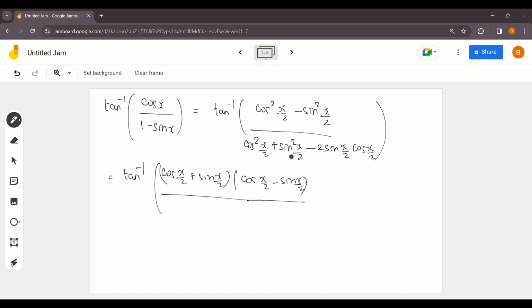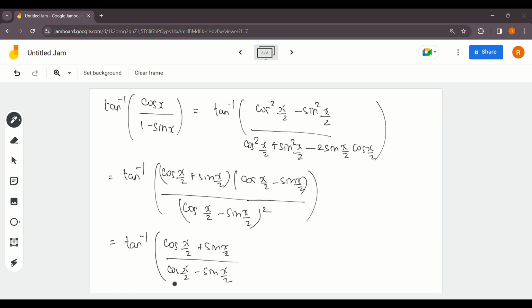Now in the denominator, it is of the form a square plus b square minus 2ab, which is nothing but a minus b whole square. So cos x by 2 minus sin x by 2, the whole square. Now one cos x by 2 minus sin x by 2 terms will get cancelled. So you get tan inverse of cos x by 2 plus sin x by 2 by cos x by 2 minus sin x by 2.